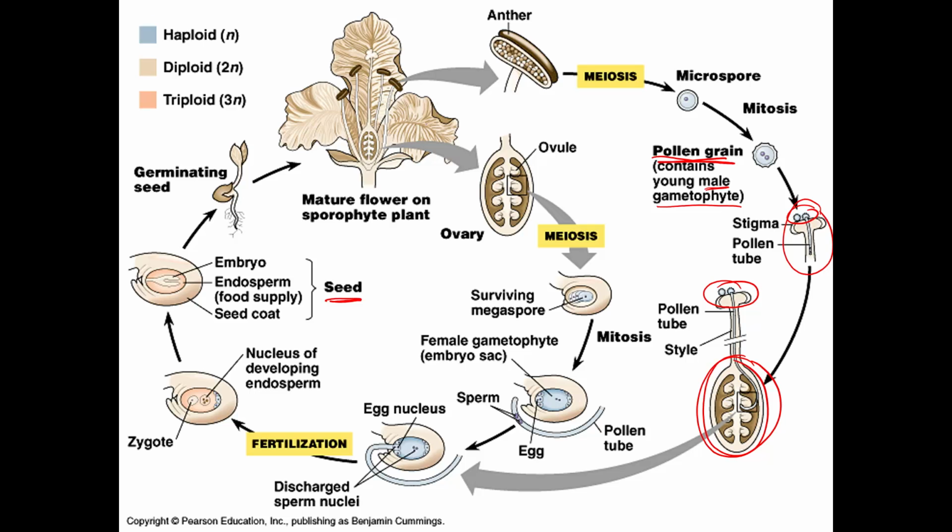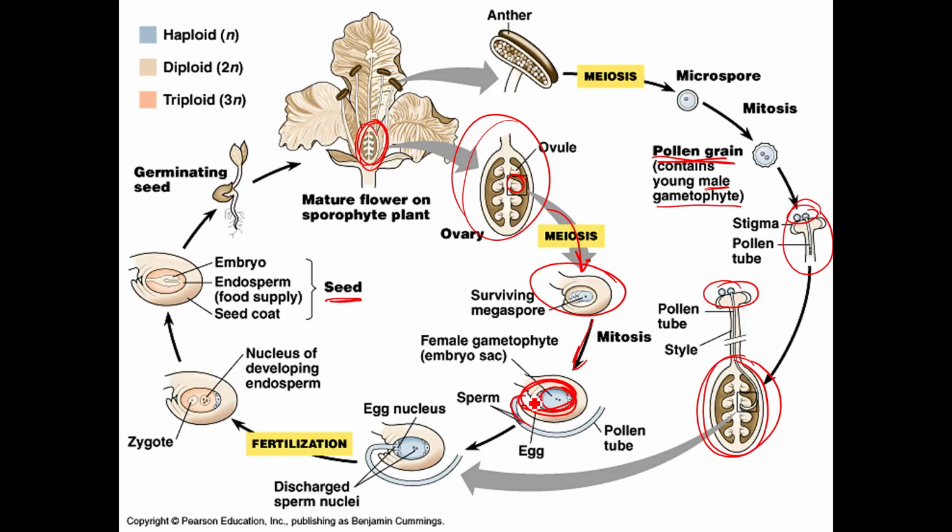Then you have your female gametophyte down inside of the ovary, which arose from the center of the flower. The ovary has an ovule on it, which is just the segments of the ovary. You undergo meiosis, okay, to have your megaspore. So that's where this thing comes from.